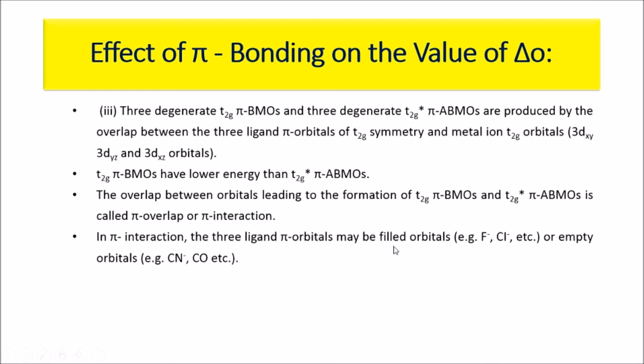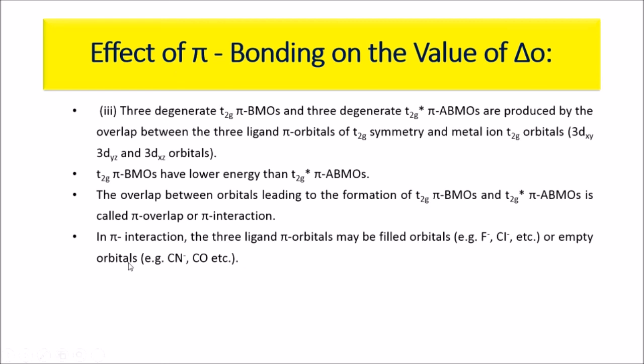When there are filled orbitals, the examples would be mostly halogens, fluoride, chloride, bromide, iodide, or certain other elements or ions which have filled pi orbitals. Or in certain other cases, the pi interaction will result if the ligand has empty pi orbitals.